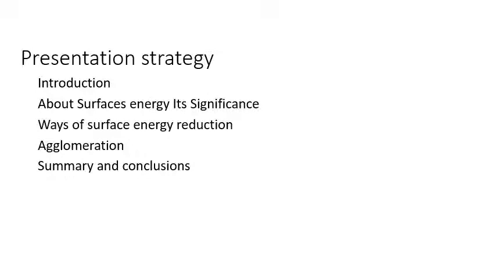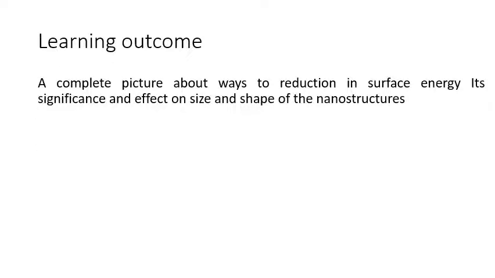We will also discuss the idea of agglomeration, and finally the summary and conclusion. With this lecture, we will be able to understand the complete picture of the ways to reduce surface energy, its significance, and its effect on the size and shape of nanostructures.